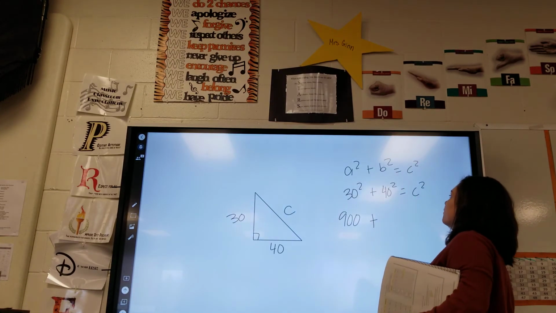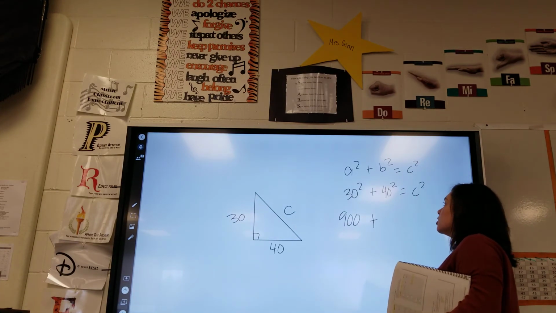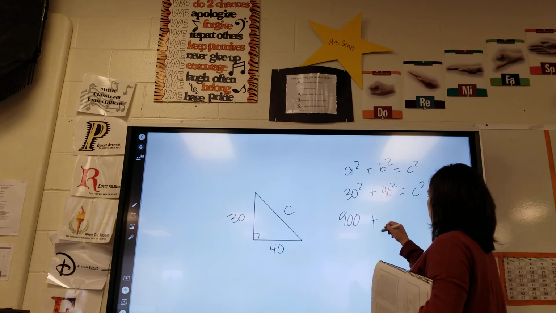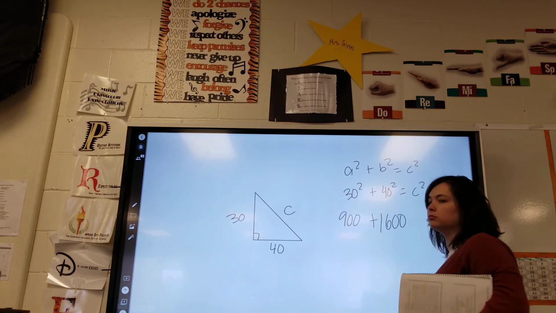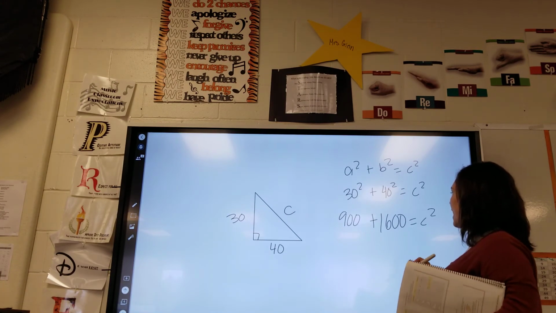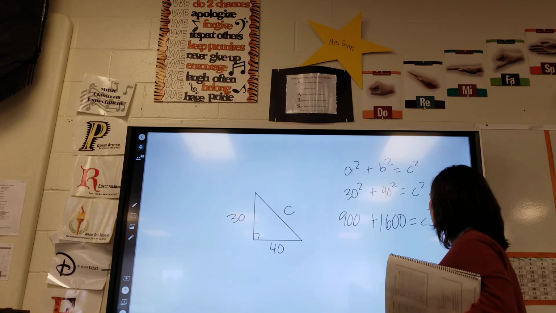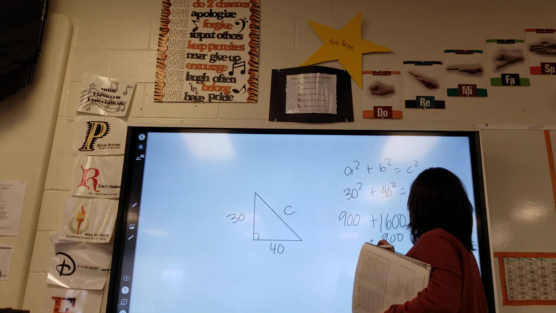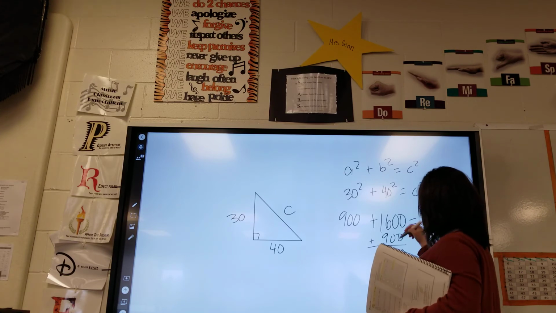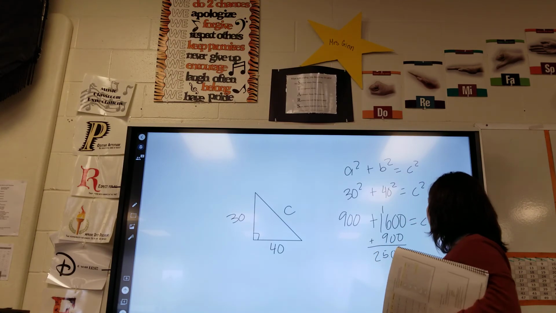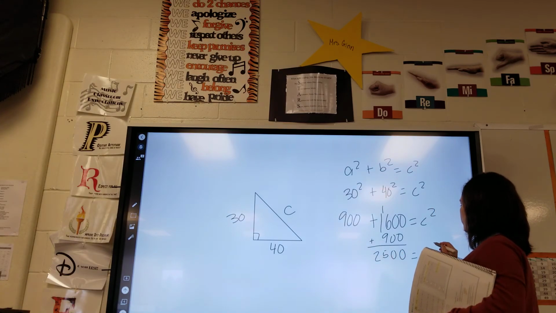And then we have 40 squared, which 4 squared is 16, add 2 zeros. 1600 equals c squared. When we add these together, we get, well, I'll just do the longhand because it's good to do it. 6 plus 9 is 15. That is equal to c squared.